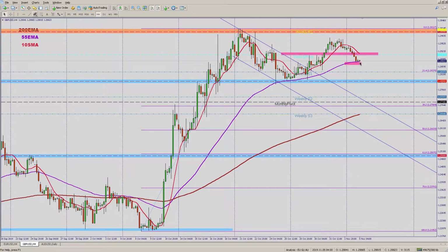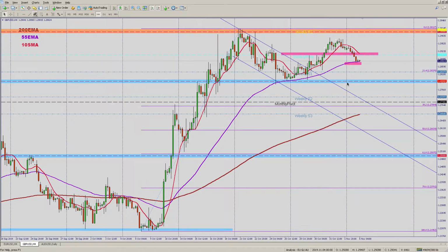That's where it's sitting at now, and that was the next intermediate support area, which is not likely to hold. There could be a slight move up to perhaps retest the weekly pivot, and then it could continue to roll over towards the 21 fib area.